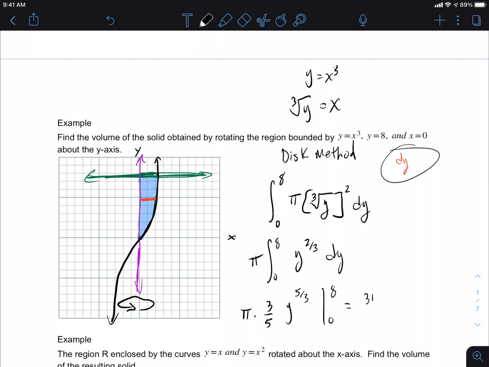This will be 3 pi over 5 times 8 to the 5/3. That'll take care of it. So I'm going to get 2 to the 5th. 2 to the 5th is 32. And so I should get 96 pi over 5 units cubed.